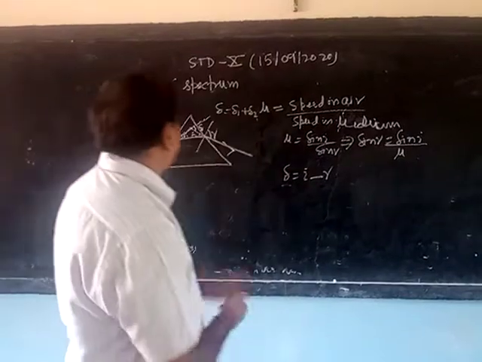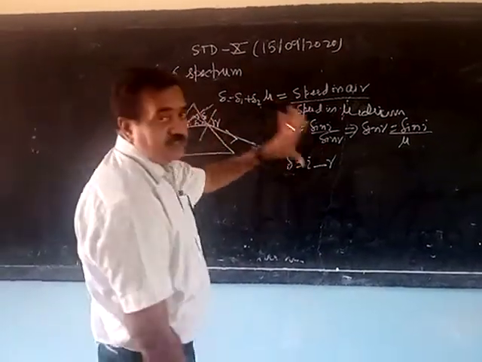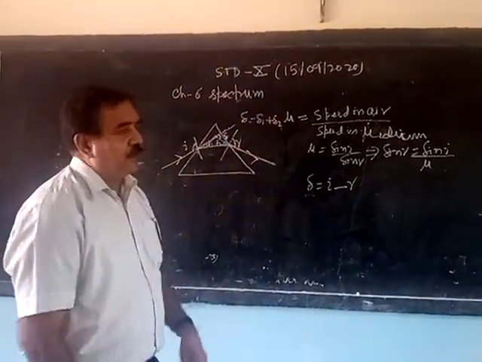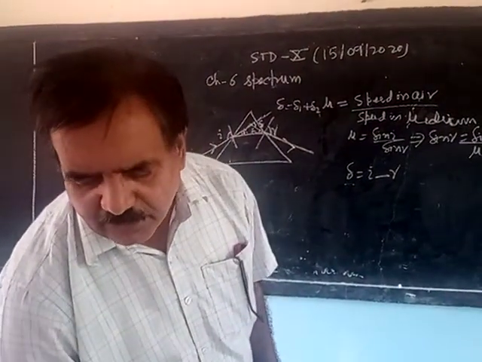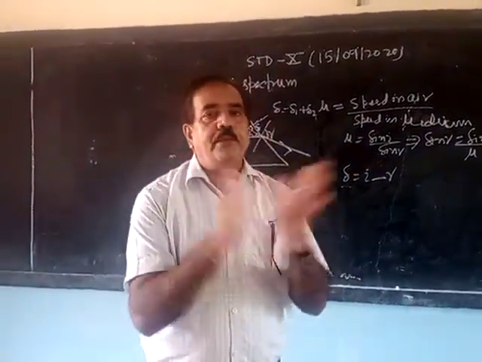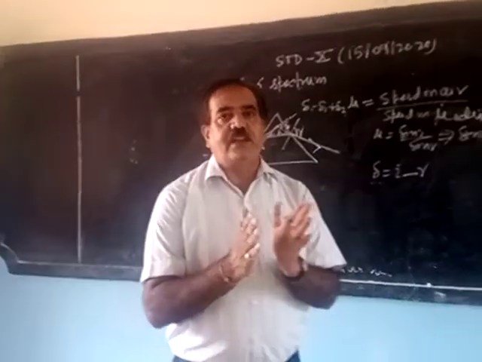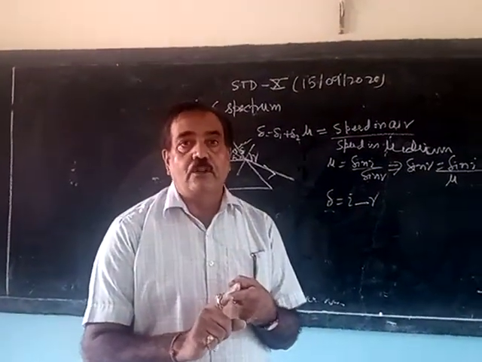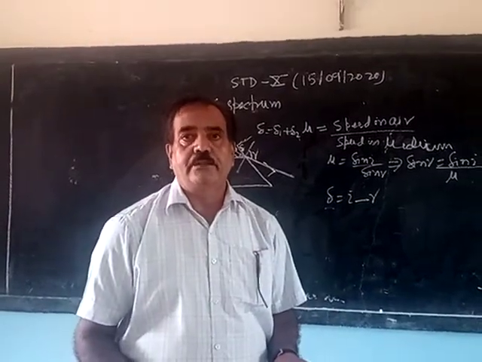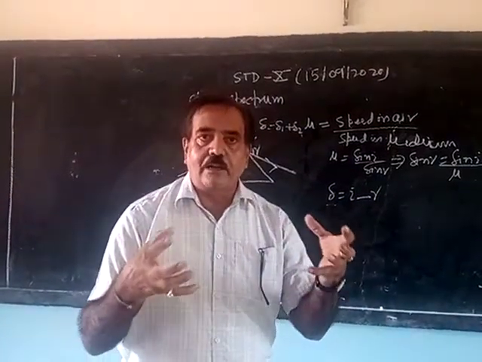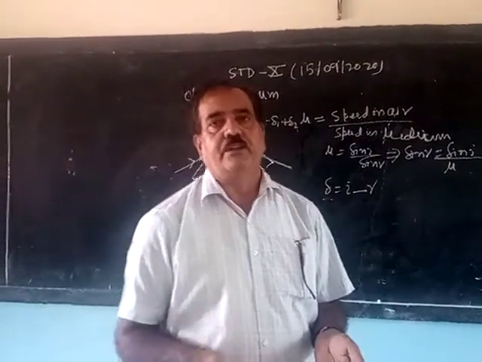So now the topic you have to study. When a ray of light enters from air to glass, this is glass, what is scattering and what is dispersion? White light is not a single color, it is a mixture of 7 colors. When all 7 colors mix, it appears to be white.